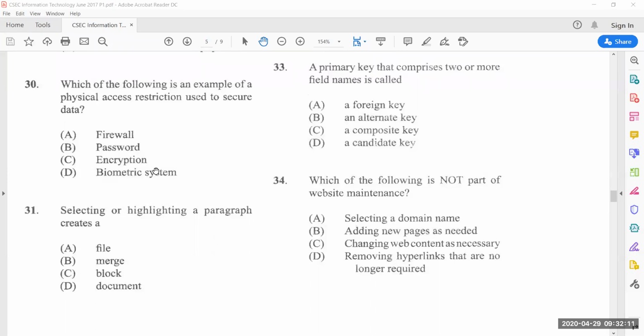Okay, that will actually be considered a software restriction because the password is something you key in to secure your data or information, right? Anyone else wants to suggest an answer for question 30?